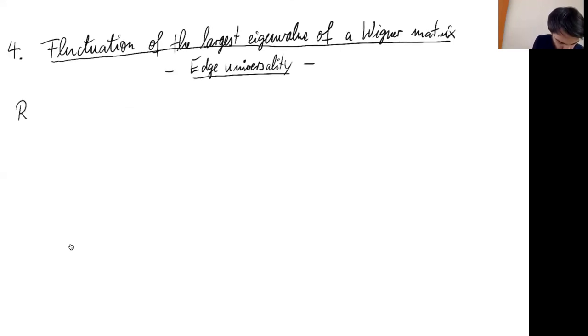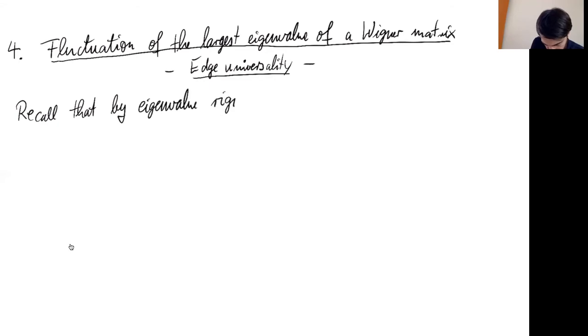Recall that by eigenvalue rigidity, I have the following. I change the notation a little bit to be more consistent with what we had before, when the lambdas in this set sigma_n were ordered.